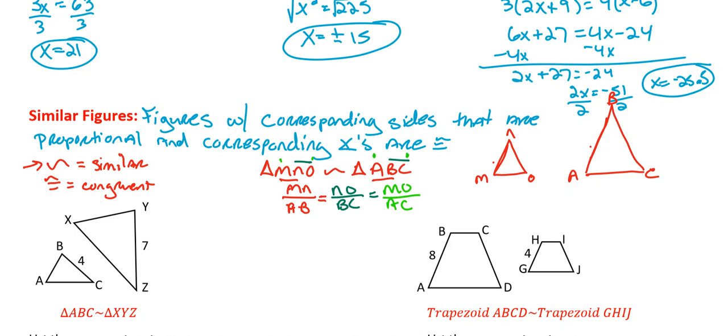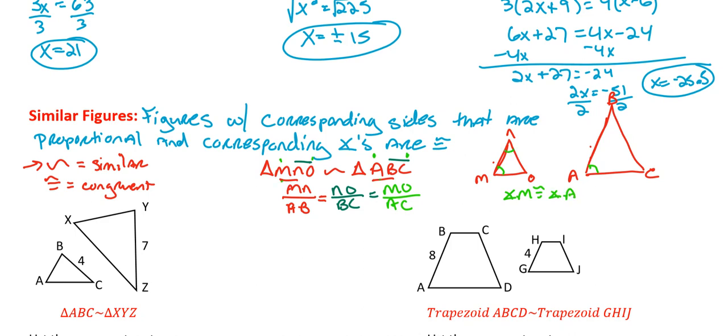And the corresponding angles will be congruent. So with similar figures, the angles are congruent and the sides are proportional. We would be able to say that angle M is congruent to angle A, because they correspond.